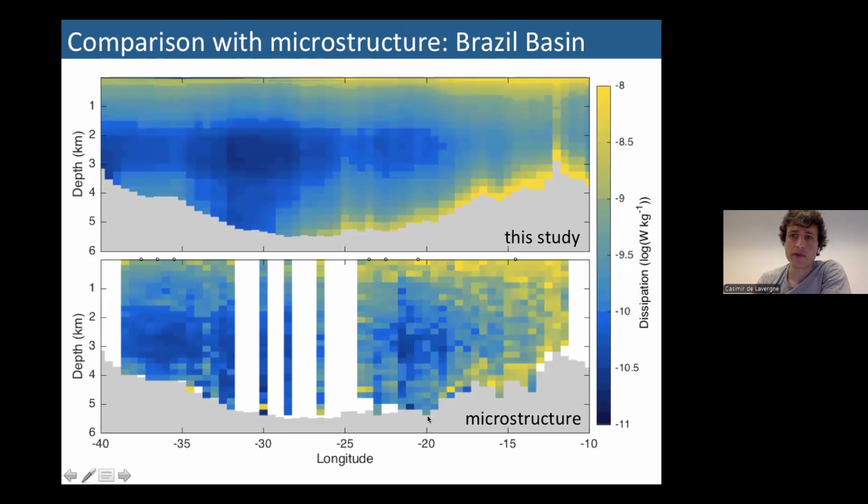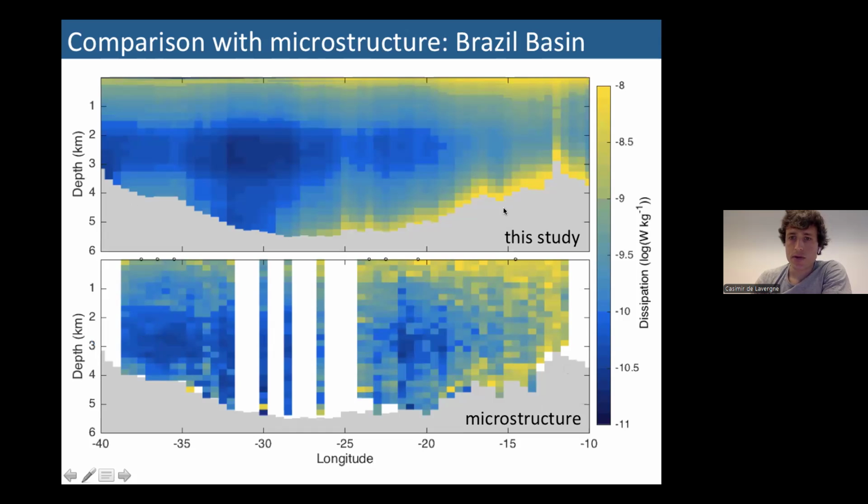Perhaps more visual is this transect. This is the exact same transect I showed in the introduction from the Brussels Basin, but now we're looking at dissipation on a log scale in watts per kilogram instead of diffusivity. The data is at the bottom, and the parameterization is at the top.